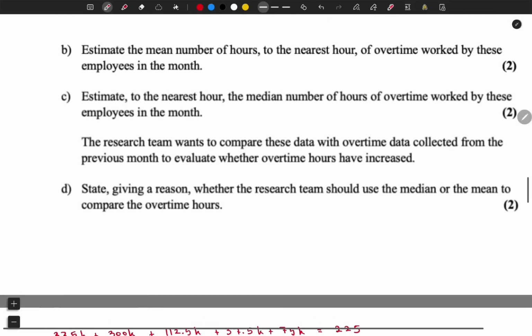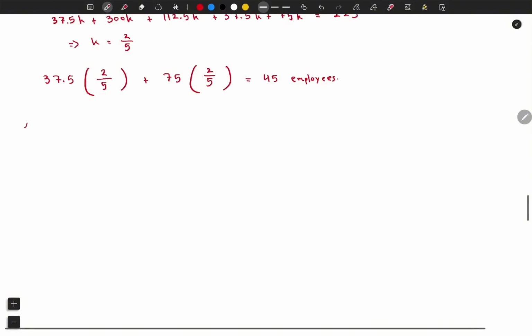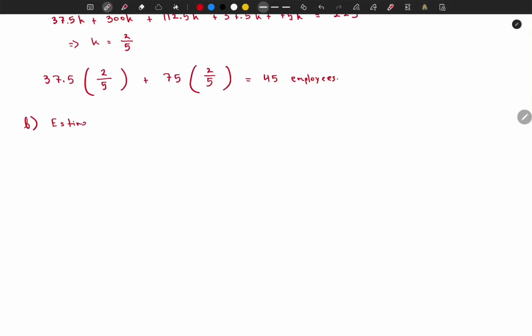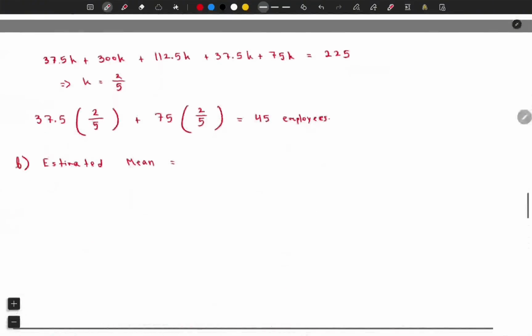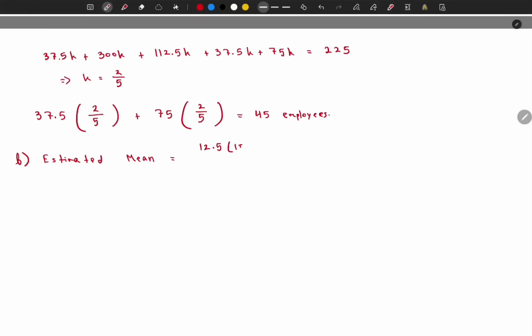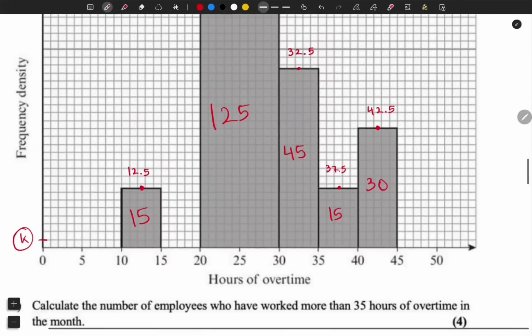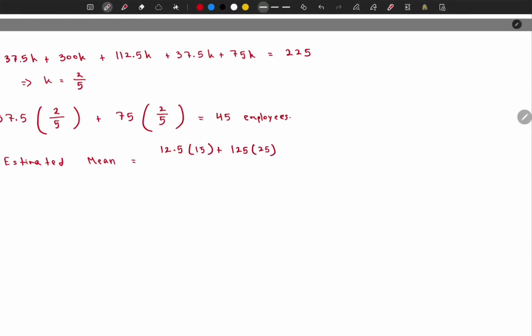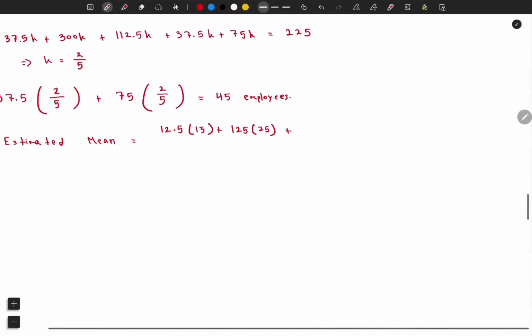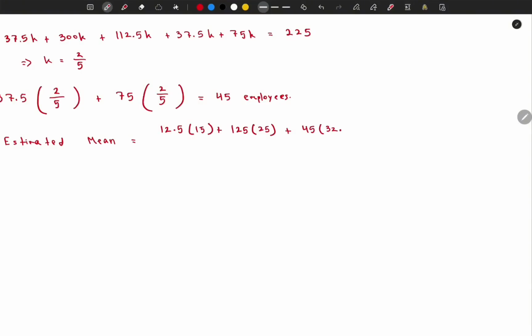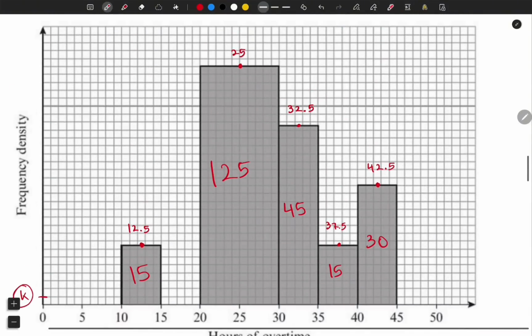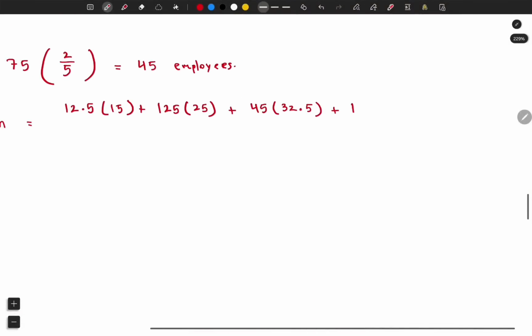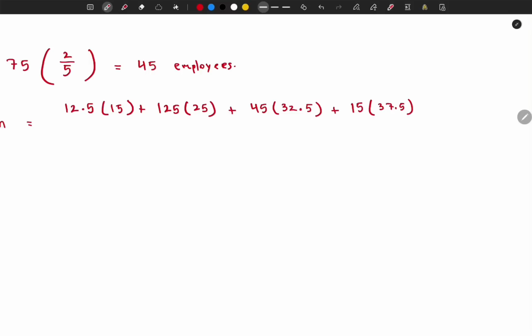Okay. So the estimated mean will be, wait, so that's part B. So the estimated mean will be 12.5 times 15, plus 125 times 25, plus 45 times 32.5, and 15 times 37.5, and the last one is 30 times 42.5.